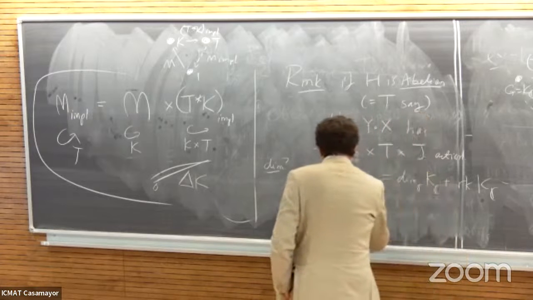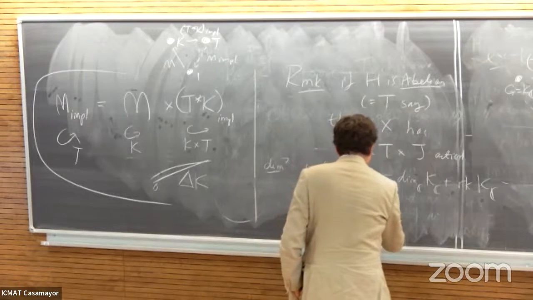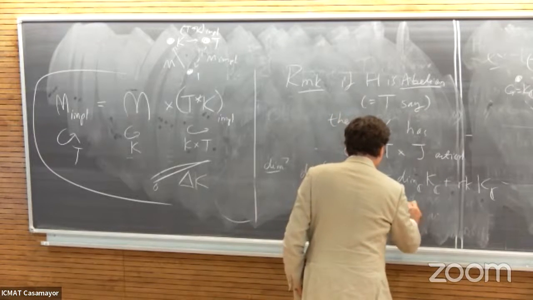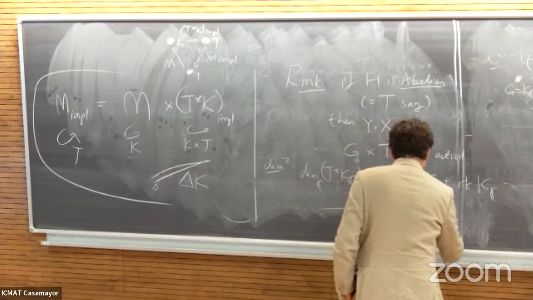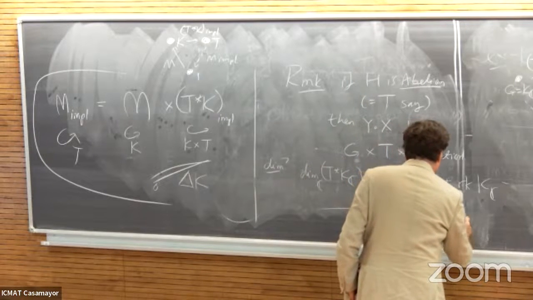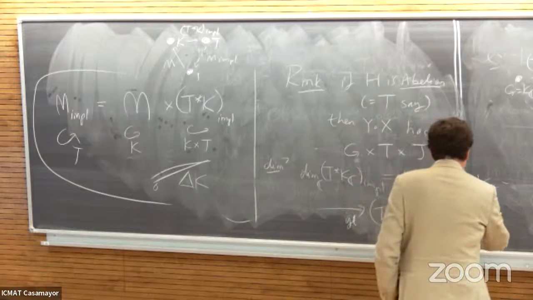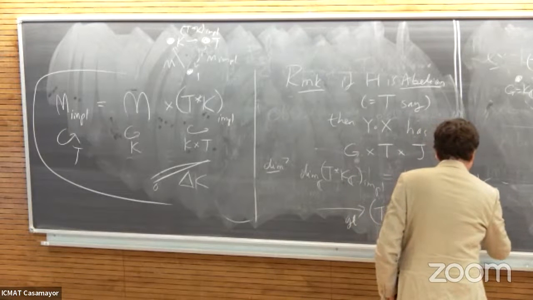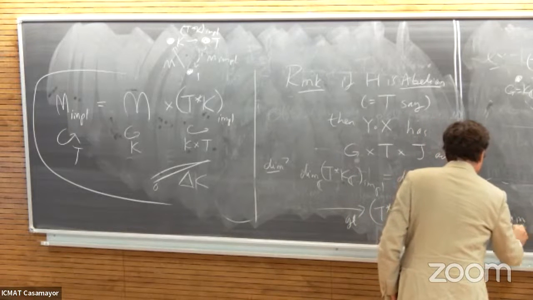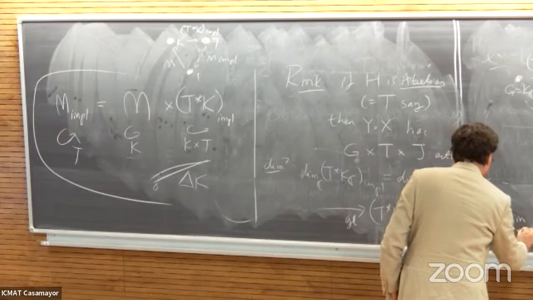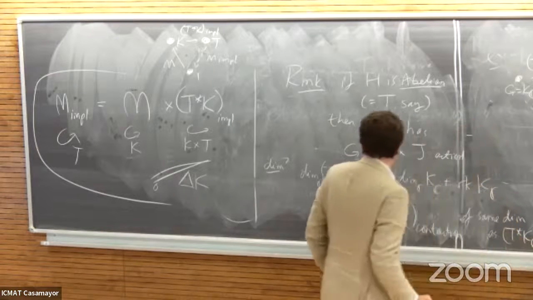So we would get this object, which is the contraction of the same dimension as T star KC.